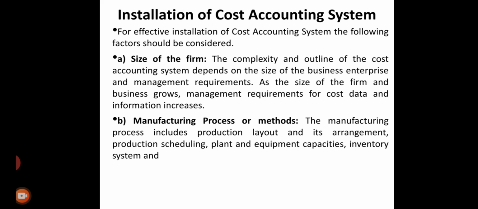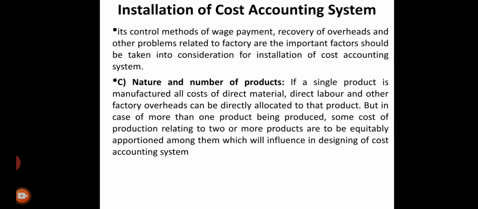Manufacturing process or methods. The manufacturing process includes production layout and its arrangement, production scheduling, plant and equipment capacity, inventory system, etc. Based on the manufacturing process also, the installation of a costing system depends.